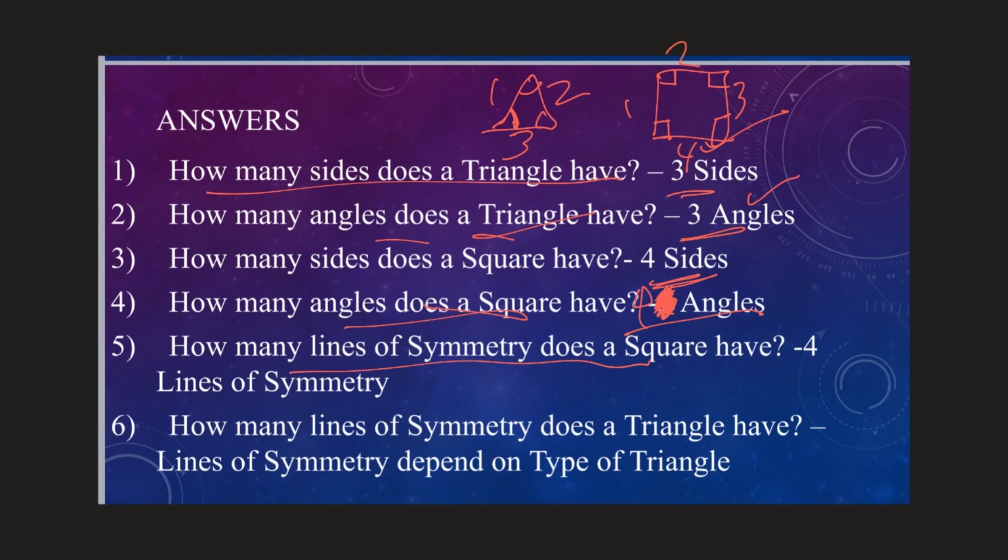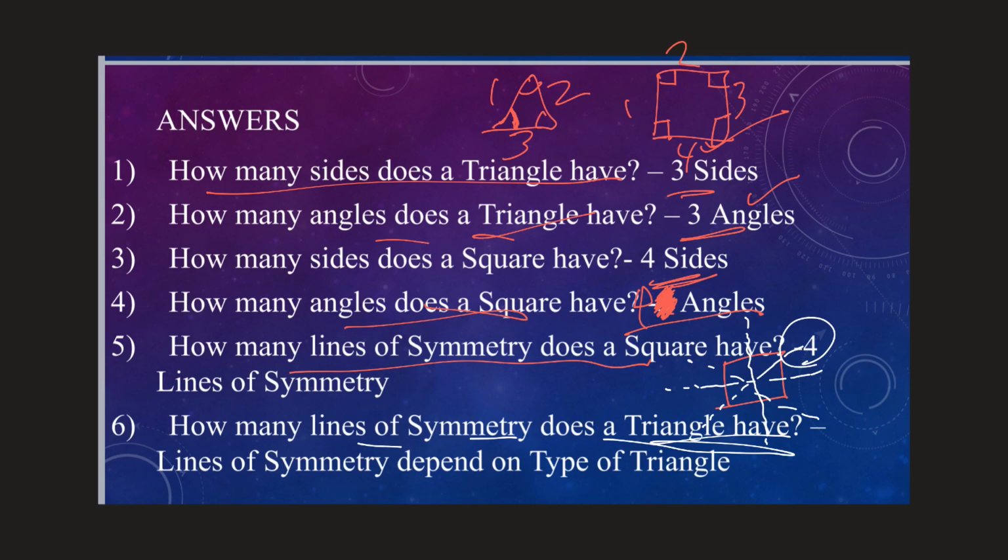How many lines of symmetry does a square have? Remember, the square is not the rectangle, so we have 1, 2, 3, 4. We got 4. How many lines of symmetry does a triangle have? And this was a trick question.